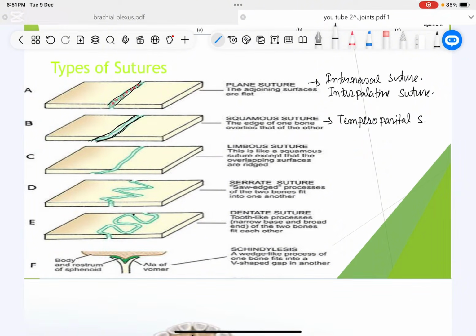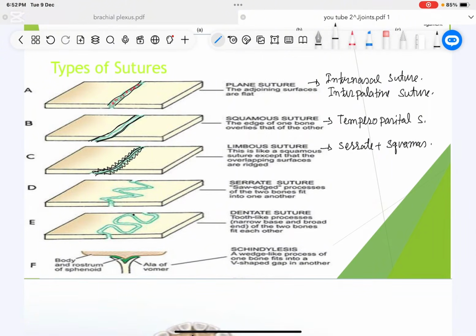The third suture you can see is the limbus suture. The limbus suture is a combination of serrate and squamous. Both surfaces are sawtooth-type serrated, and the surfaces are beveled, meaning one surface is over another. That's why the limbus suture is a combination of serrate and squamous.